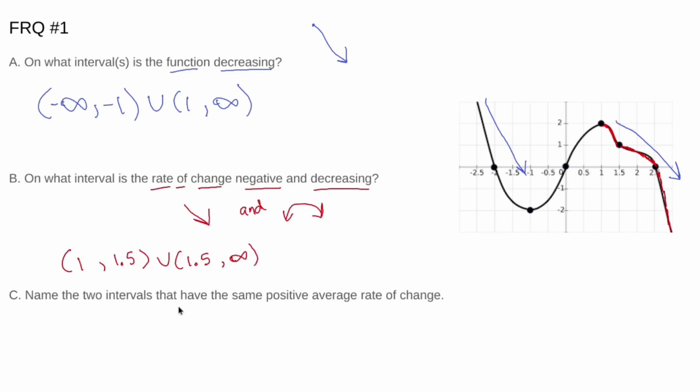Name the two intervals that have the same positive average rate of change. Now, average rate of change means slope between 2 points if we're looking at a graph. I want a positive rate of change. Well, that's only going to happen between here and here because that's the only part where I can draw a positive slope. If I were to draw a dot here and a dot here and find the slope, that goes up to right 1.